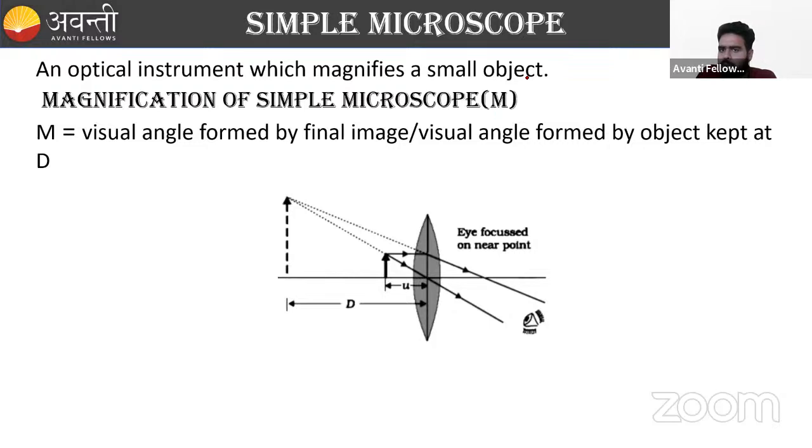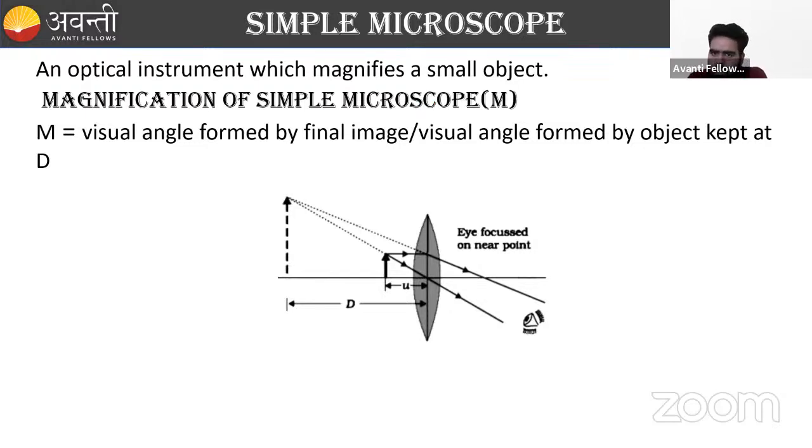So firstly, we have to understand how the simple microscope functions, and on the basis of the simple microscope, with some updates and advancements, we can also study the compound microscope. So how can we define the microscope? A microscope is nothing but an optical instrument which magnifies a small object.